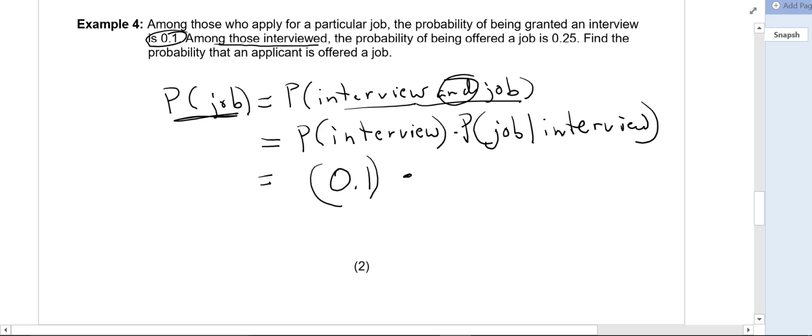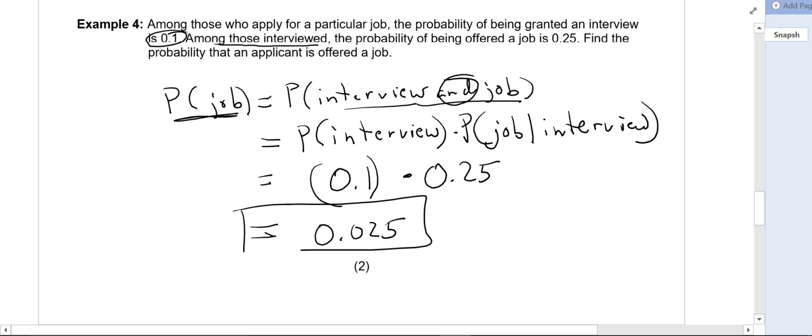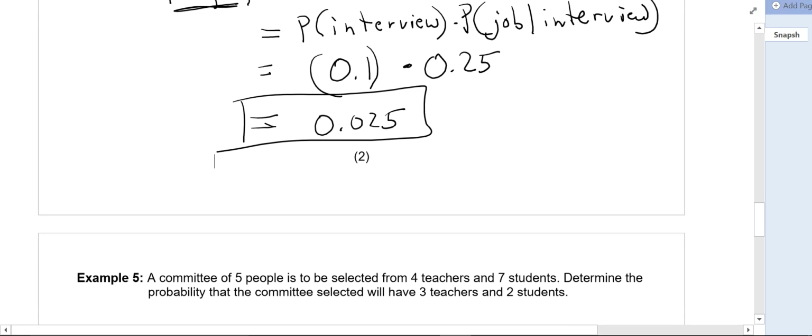The probability of a job given an interview, 0.25. When you multiply this together, you get 0.025. So that's the probability you're going to get the job. It's about 2.5%. Moving on.